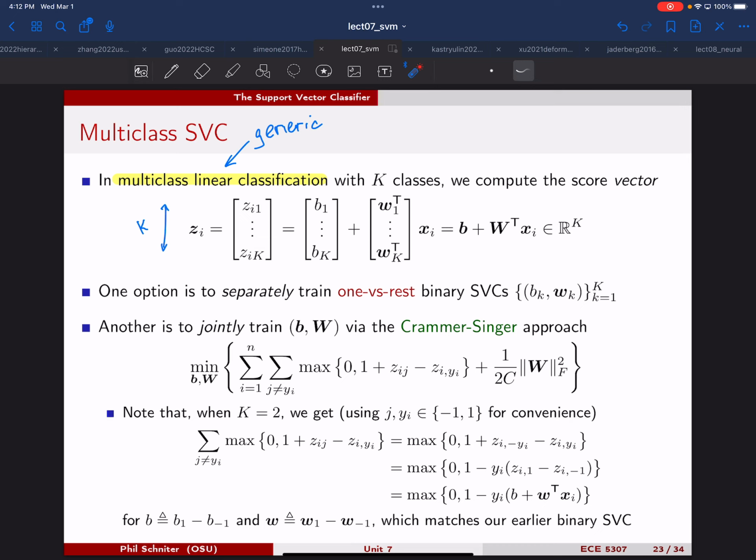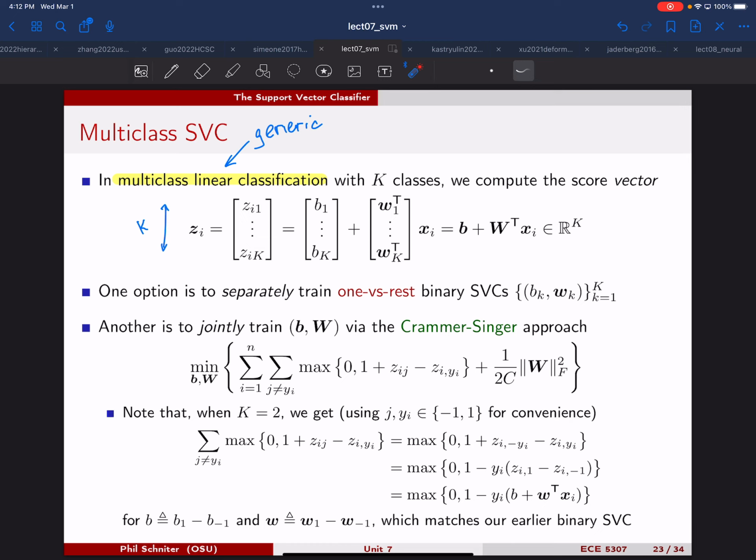We have this score vector that has k elements, and the way that we make that score vector is we have a bias vector, which is the same size, k elements. We have a weight matrix. In W, each of the columns in W, or the rows in W transpose, correspond to a particular class of our k classes.